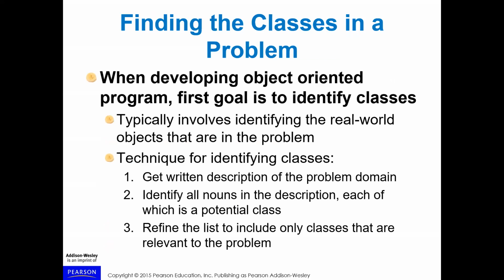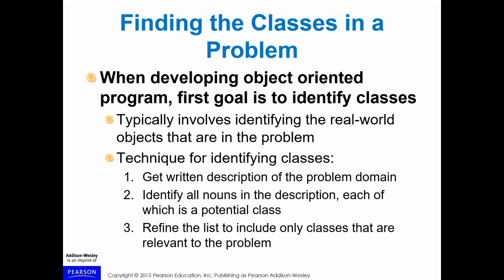All right, now when developing an object-oriented program, the first goal is to identify the classes. This is kind of the procedure. It typically involves identifying the real-world objects in the problem. That's something you will do for the project. Specific to your term project, what are the objects? As a technique for identifying classes, you want to get a written description of the problem domain.